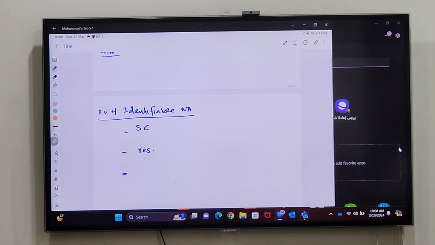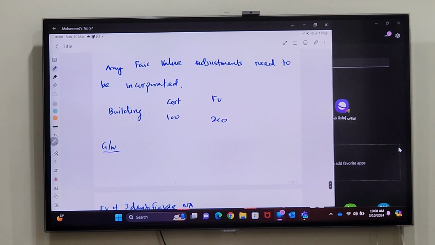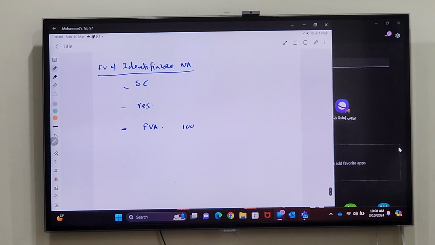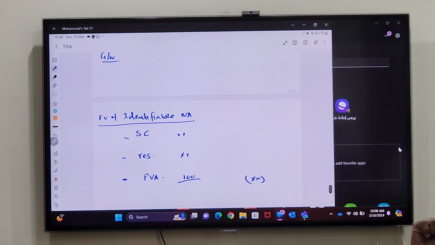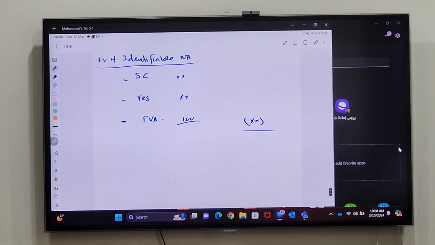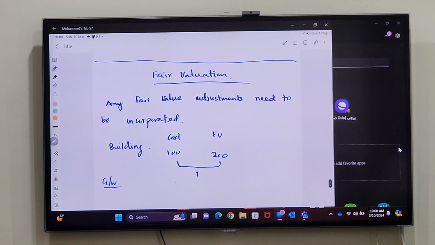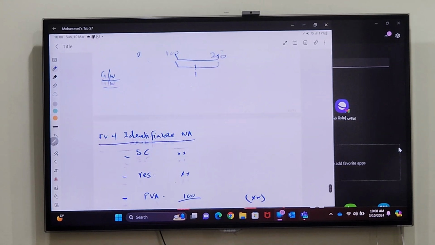Now I will add one more line, fair value adjustment. How much is that? Difference between these two. So that is how much? 100. In addition to these two, I will take this and this I will subtract against the total of the purchase consideration and NCI, and that will give me goodwill. You understand that? So you have to factor or address the fair value adjustments in doing that calculation.